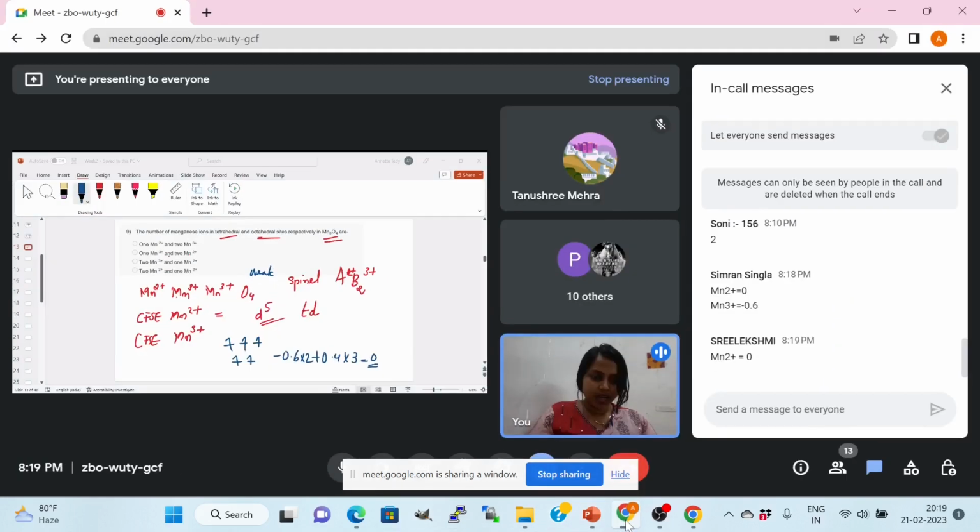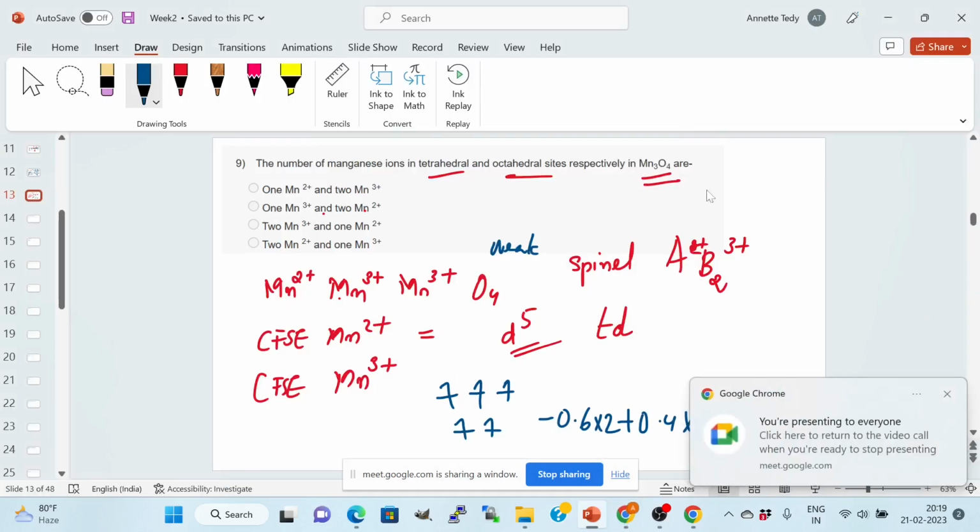So what about Mn3+? One person has solved. I'll give maybe 1 or 2 minutes for others to solve. What will be the CFSE for Mn3+?